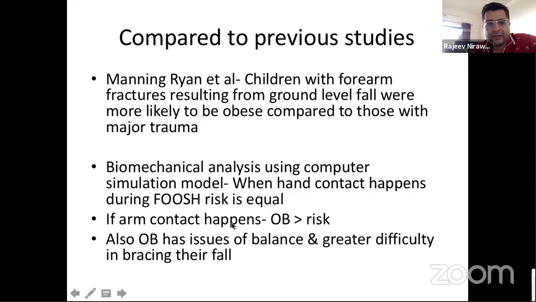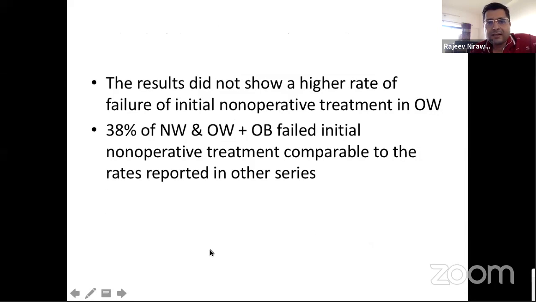So if the arm had contact, then the obese have more risk. Also, obese children had issues of balance and greater difficulty in bracing their fall. But the results did not show a higher rate of failure of initial non-operative treatment in overweight children. 38% of normal weight and overweight plus obese children failed initial non-operative treatment, comparable to the rates reported in other series.